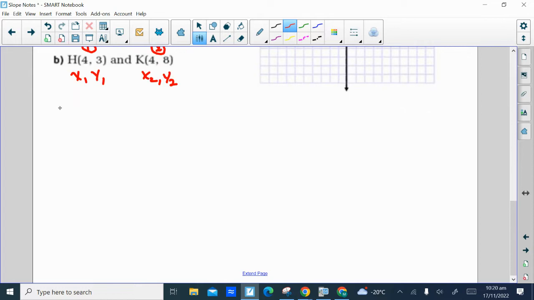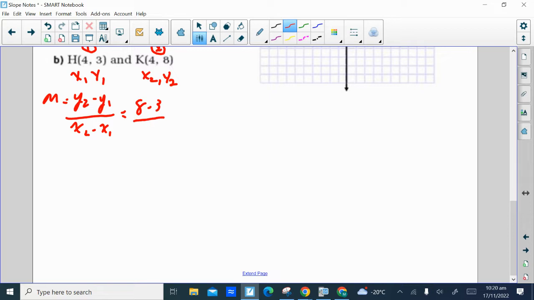The slope formula says that m, the slope, is y2 minus y1 over x2 minus x1. By using this formula, we don't have to draw the graph. So y2 is the y value at point 2, which is 8, minus y1, the y value at point 1, which is 3.